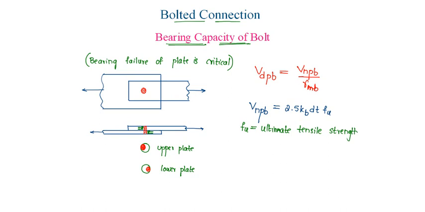Since bearing failure of plate is critical, the tensile strength of plate is considered, and d is the nominal diameter of bolt.